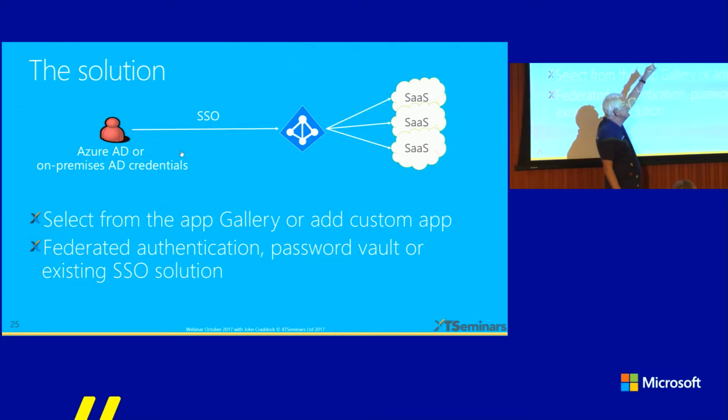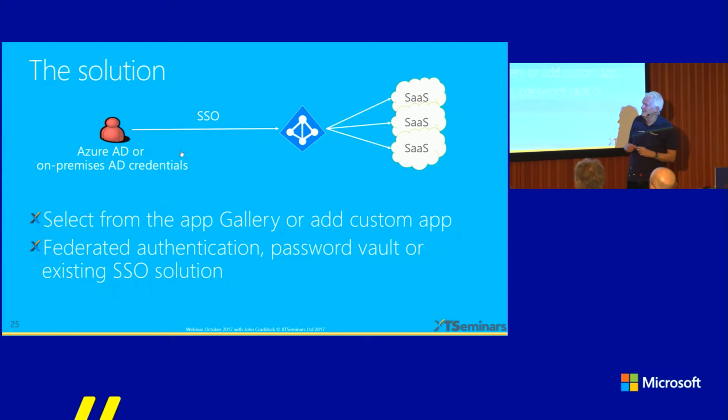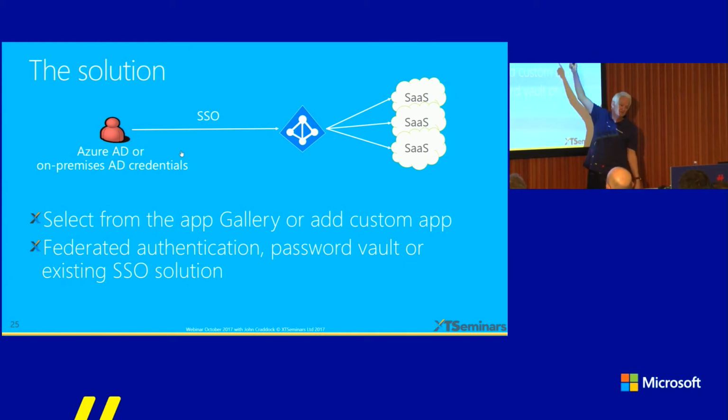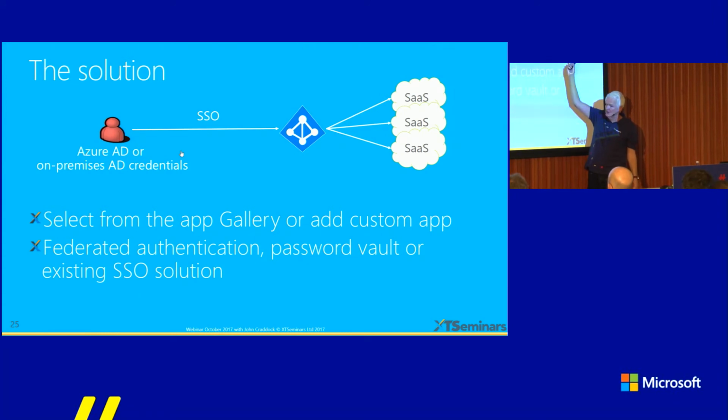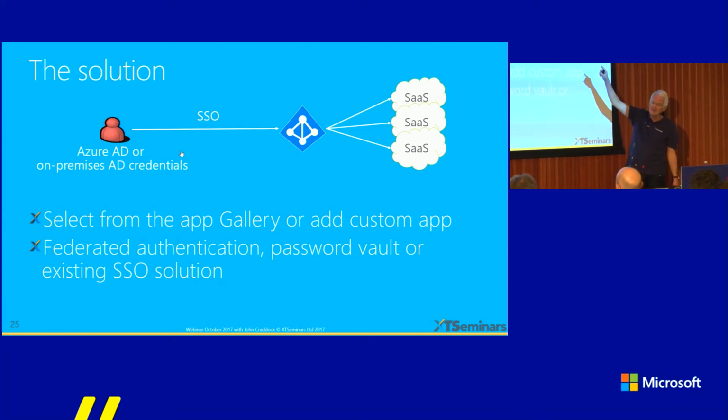Now, how do we do SSO with those applications? It depends on the app itself. So we can choose apps, and there's a whole gallery of them that we can choose, or we can use our own apps. And in terms of authentication, we can use federation. So we might have a situation where we're actually federating with some protocol, and it could well be a SAML protocol, for federating between the application and Azure AD.